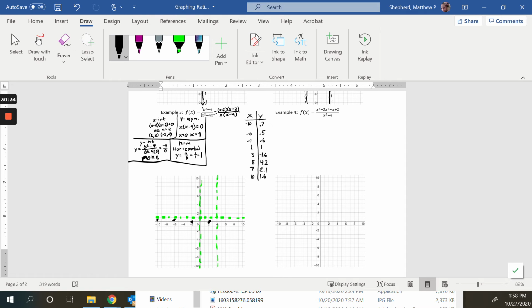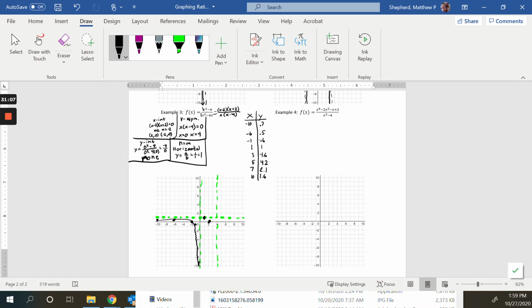Then at negative 1, we should be down at, oh sorry, that should have been negative 0.6. All right, and so from there we see it's coming and then it just started going down. Here in the middle, at 1, we should be at 1.